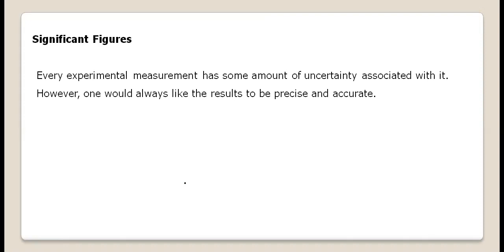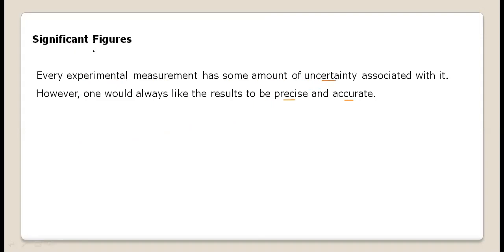To understand significant figures, we need to learn these 2 terms called precision and accuracy, which is precise and accurate. Every experimental measurement has some amount of uncertainty associated with it. Hence, whatever values are calculated through experiments, we need to analyze the results of the experiment. To analyze such results, we depend on the significant figures concept.